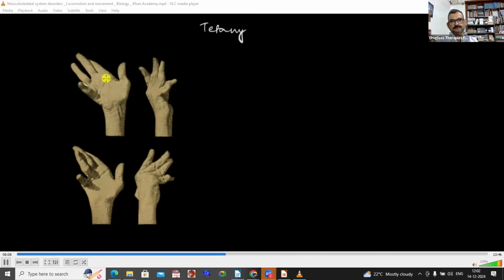They just can't move their fingers. Their fingers are stuck in these poses because they are contracting uncontrollably. Sounds painful, doesn't it? In fact, it is. And the cause is low blood calcium levels.